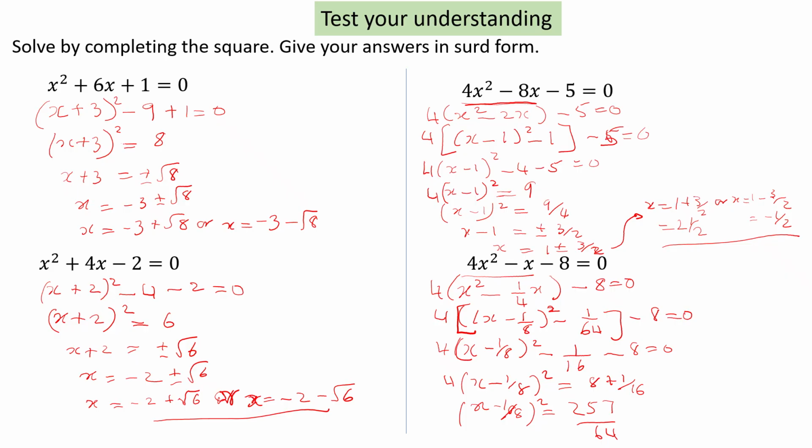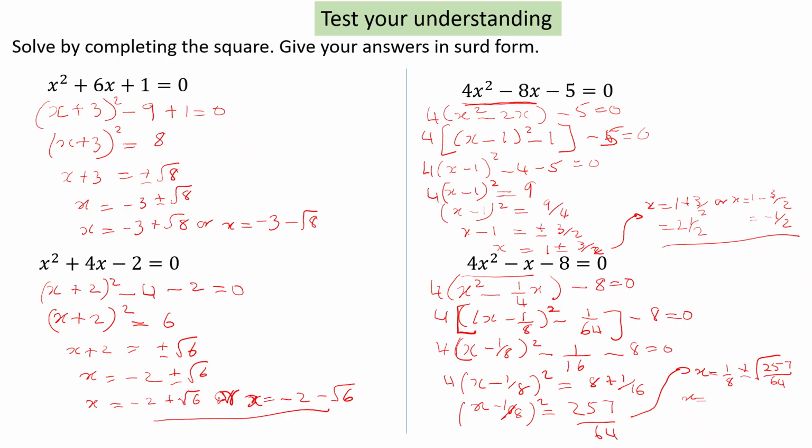So x equals 1 over 8 plus or minus square root of 257 over 64.